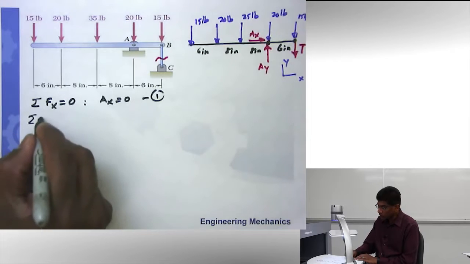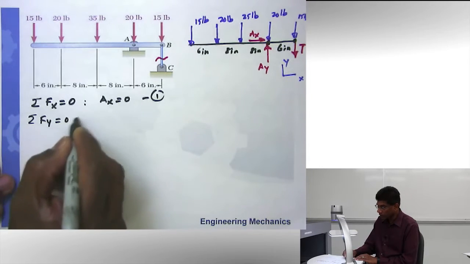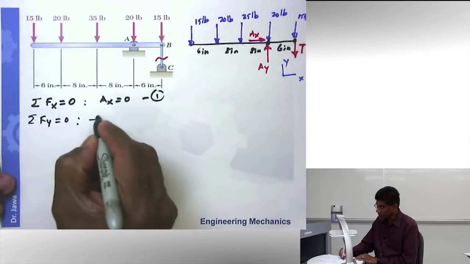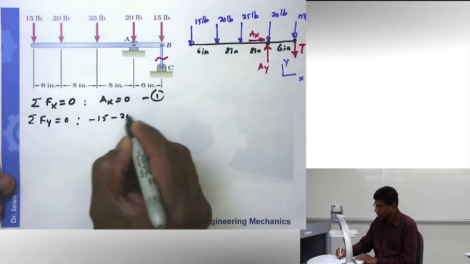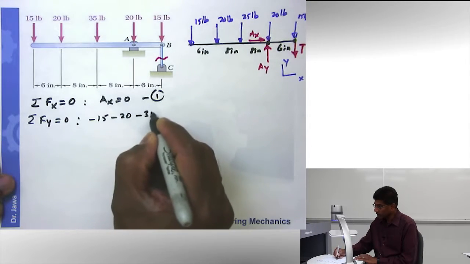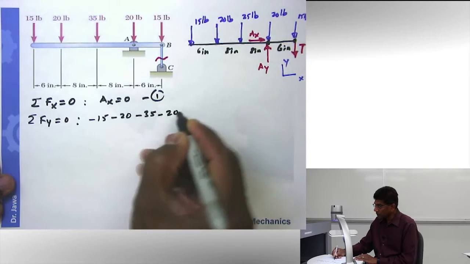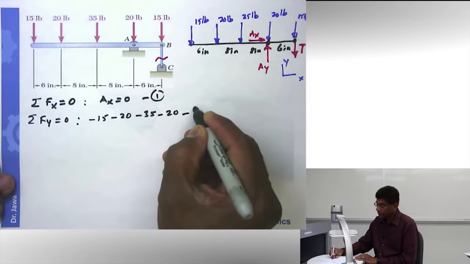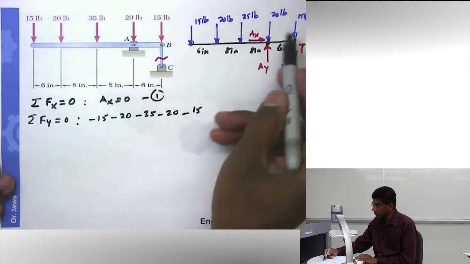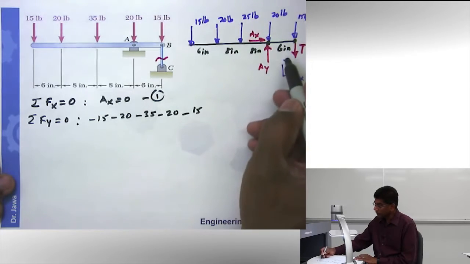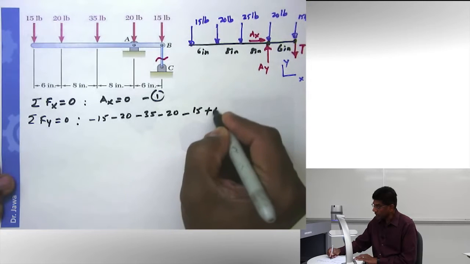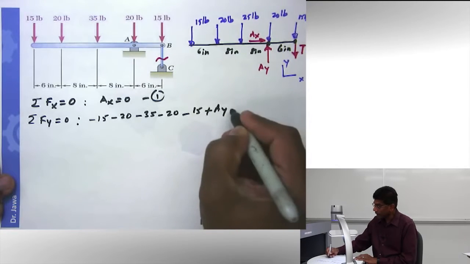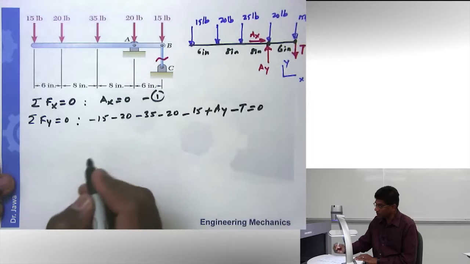Now I'm going to sum of the forces along y direction equal to 0. So I start with this negative 15. Realize these are all negative direction. Negative 15, negative 20, negative 35, negative 20, negative 15, all these applied loads. Then I'm going to also have support reaction positive A_Y and a negative T equal to 0.